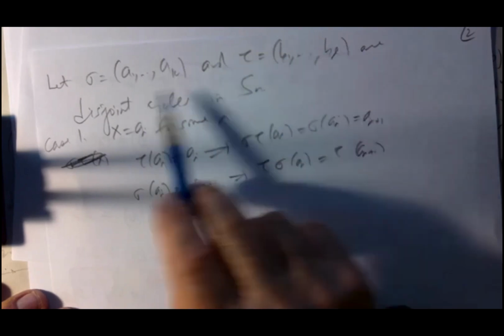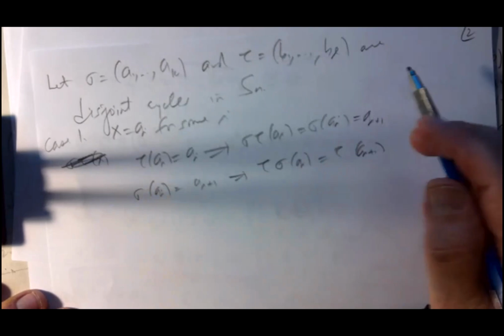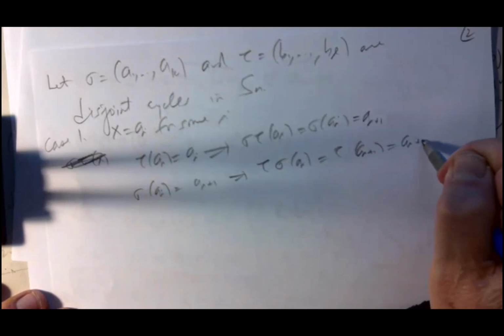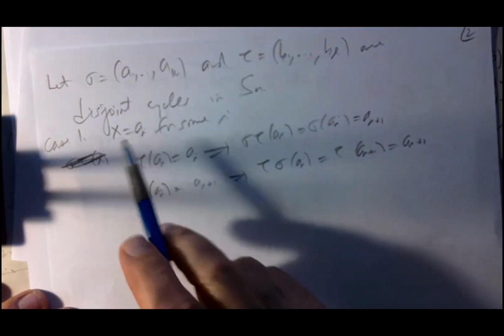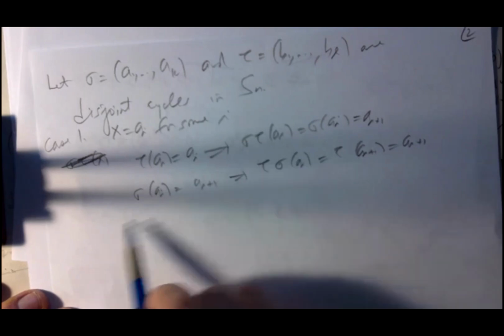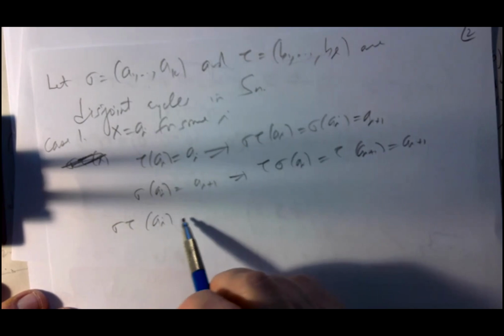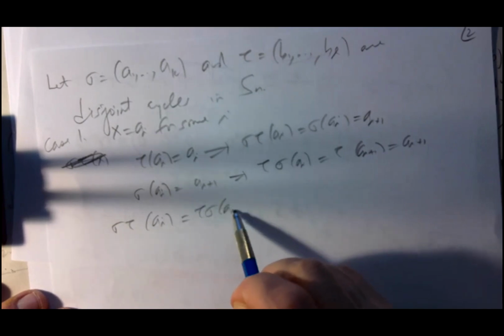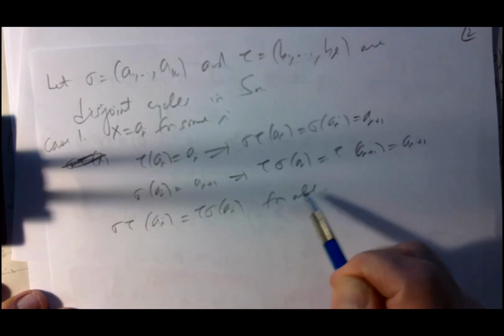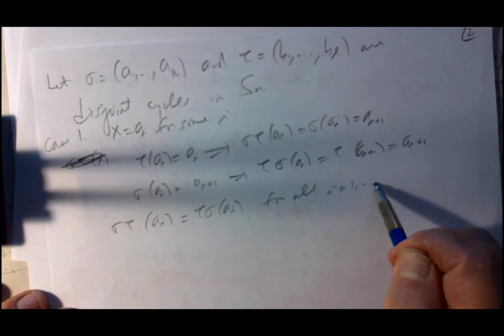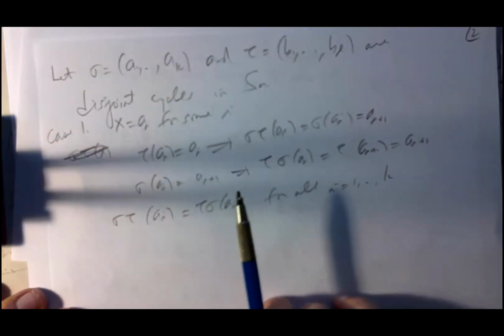But a_i plus 1 is a number over here, it's not one of these numbers. So sigma tau of a_i equals tau sigma of a_i for all i from 1 up to k.